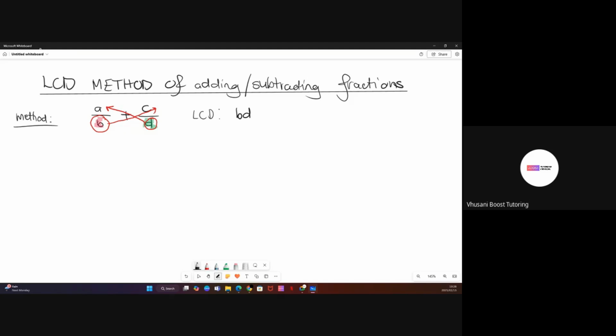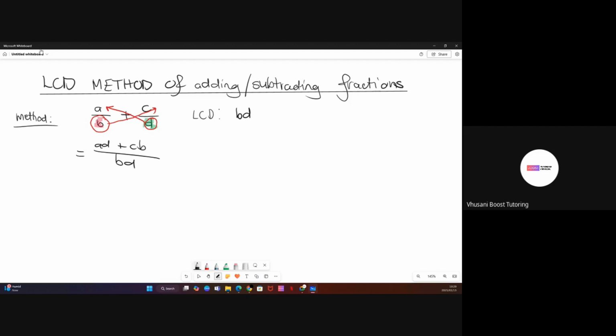And then that's going to give us AD plus CB divided by BD. Are you guys with me on that? It's always going to be the case, guys. That's how simple it is. So if you can follow this method every single time, you will always get the question correct.